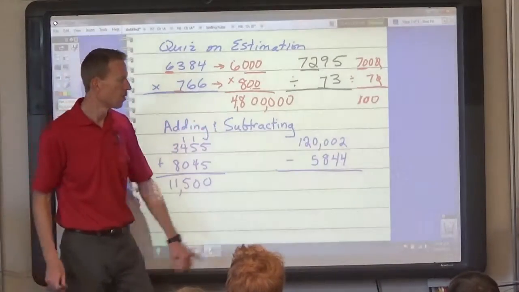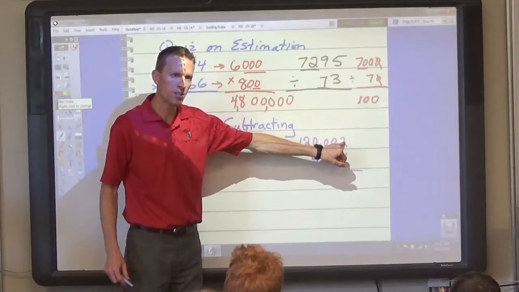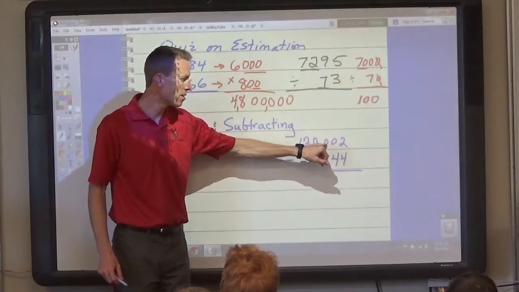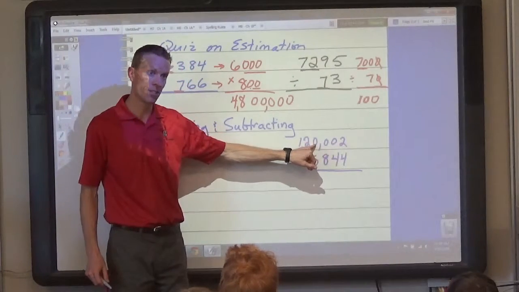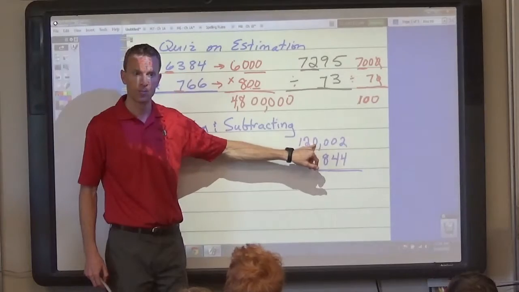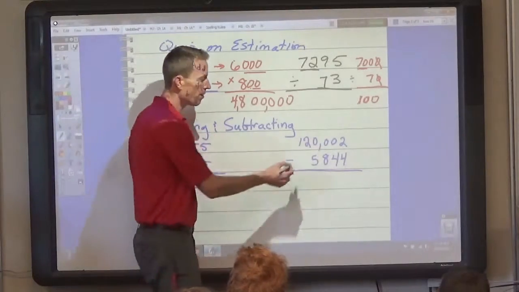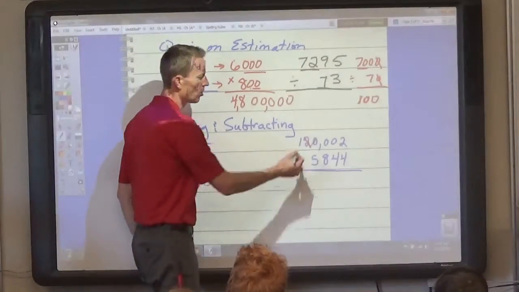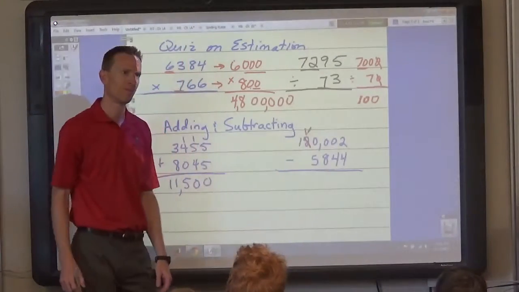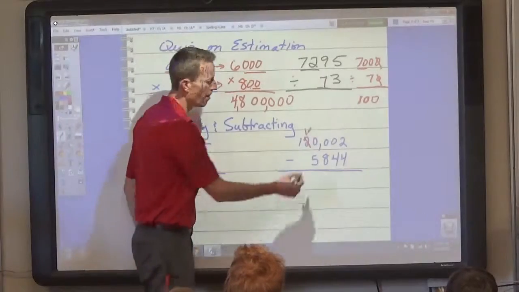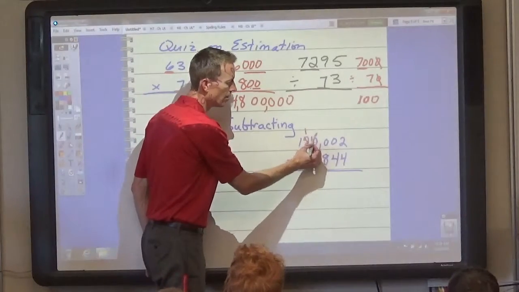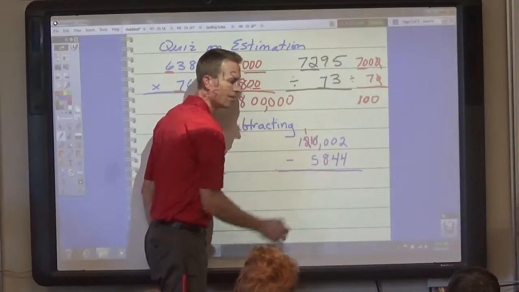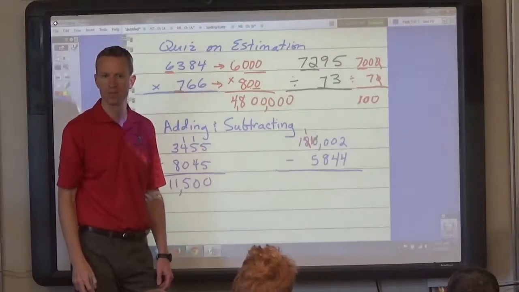So, we can't do 2 ones minus 4 ones. And we don't have any tens, hundreds, or thousands yet. We have to take one of the 10,000s away, which leaves 1. And then give it to the thousands place.